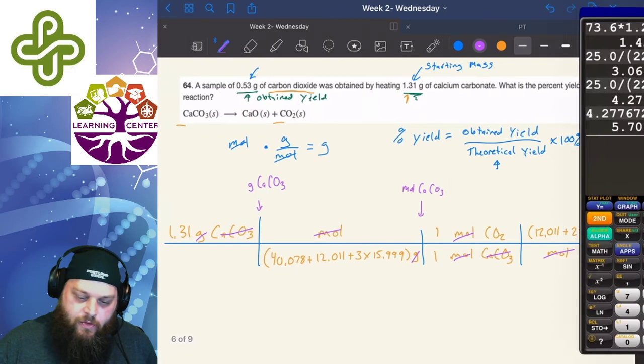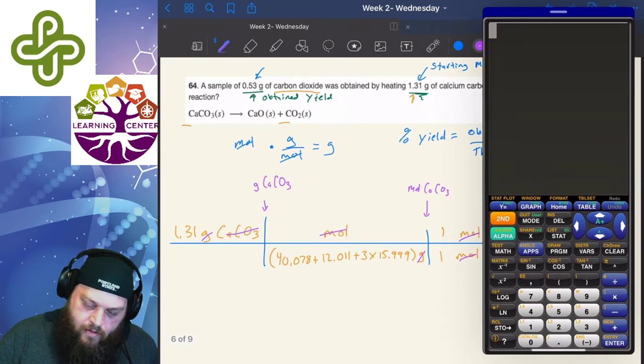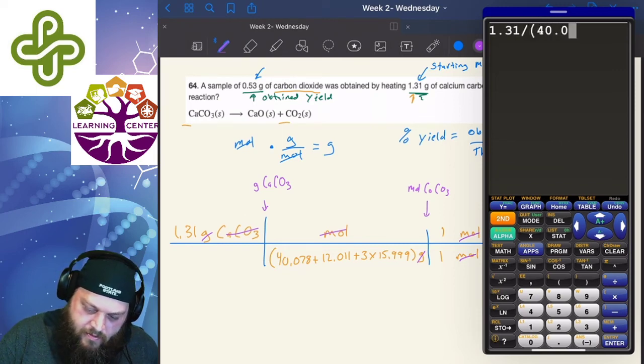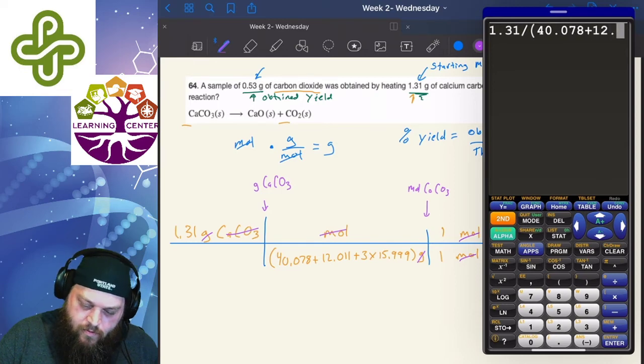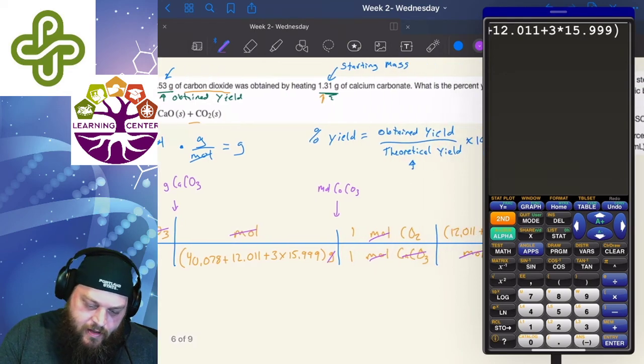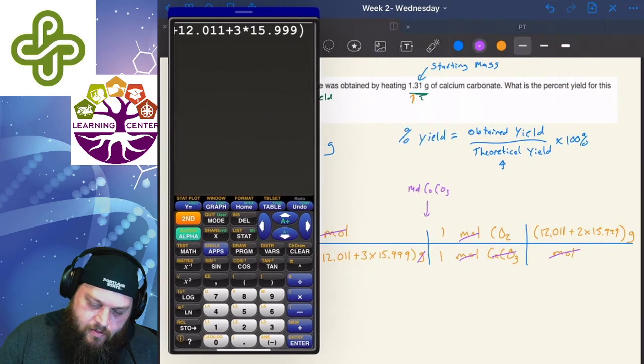So let's run that through our calculator. Clear it here. 1.31 divided by, parentheses, 40.078 plus 12.011 plus 3 times 15.999. Close my parentheses. I can multiply by 1, but don't really need to.